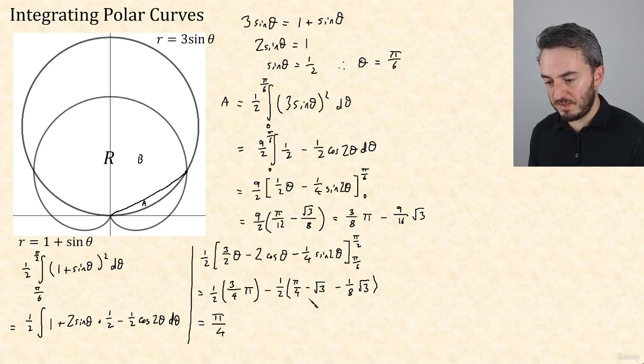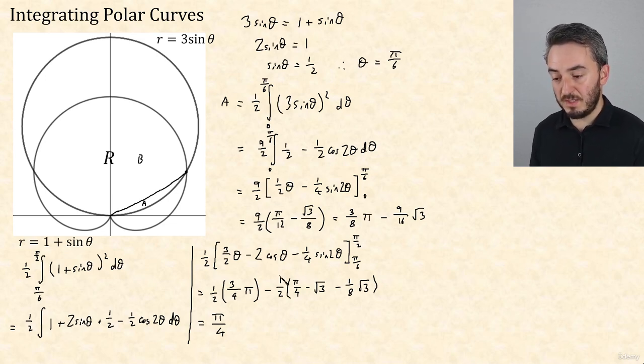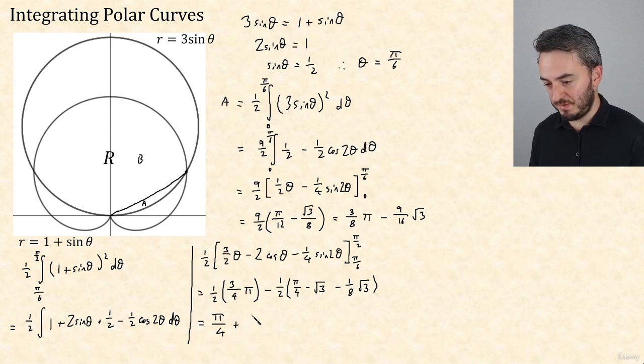Well, inside this bracket, I've got minus root 3 and minus 1/8 root 3. So I've got minus 9 over 8 root 3, but it's half of that. So that's minus 9 over 16 root 3, but it's minus here, so that's plus 9 over 16 root 3.